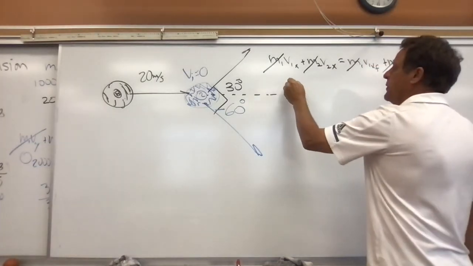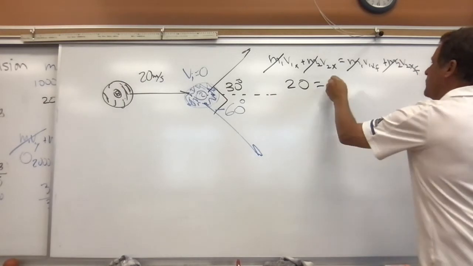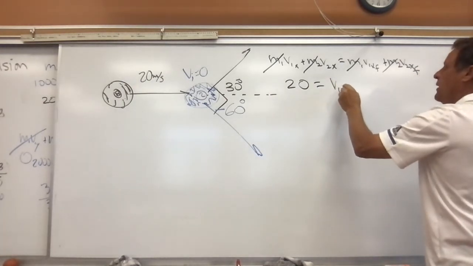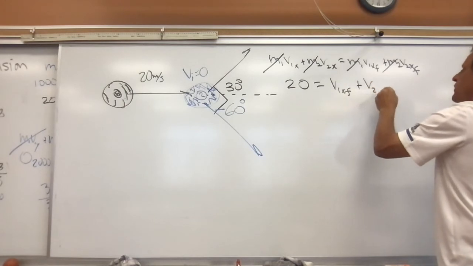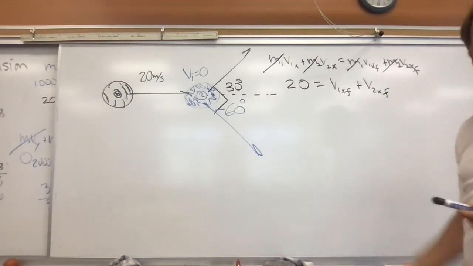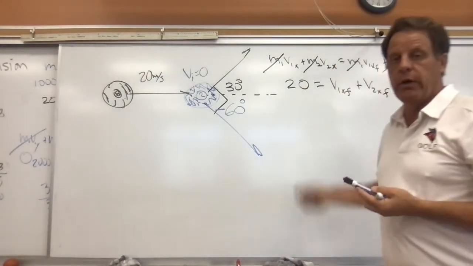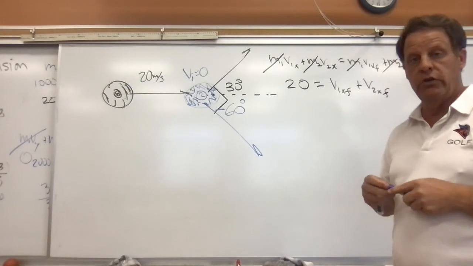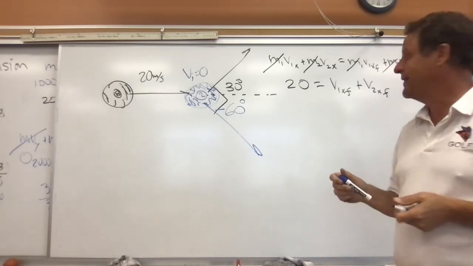Therefore, this can be simplified into 20 is going to equal v1x final plus v2x final. Now, we still have an issue with the fact that we have two unknowns and only one equation. So obviously we are going to do the y direction.